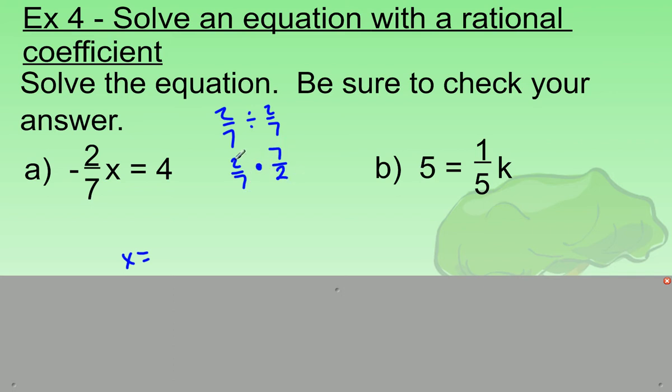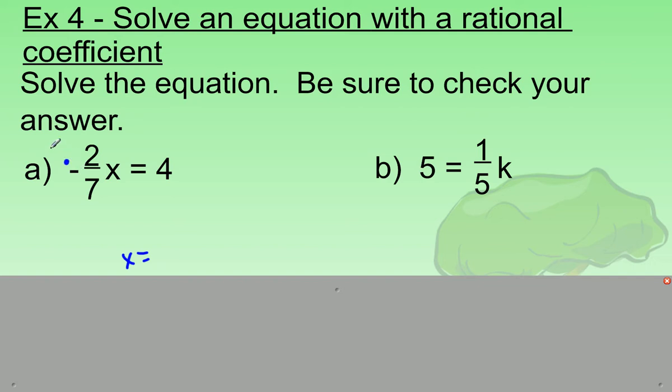Because what happens here is 2 times 7 is 14. 7 times 2 is 14, and they reduce down to 1. And that's exactly what we want. We want to have a 1 in front of our x. So if I multiply both sides by the reciprocal, my fraction cancels.